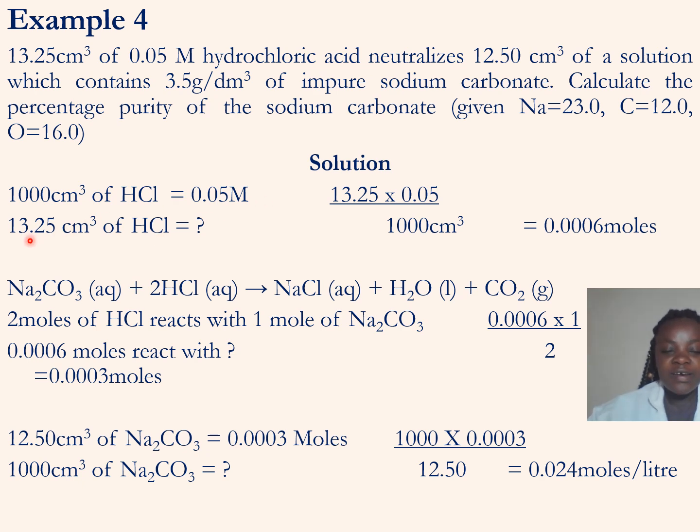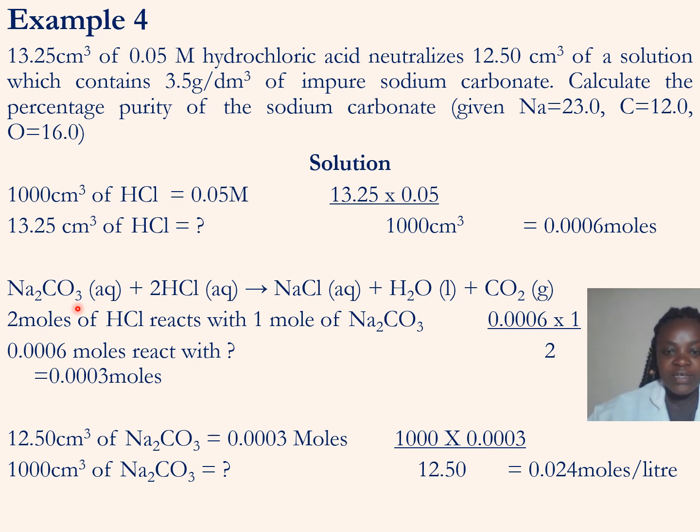Then we ask ourselves, what about 13.25 centimeters cubed of the hydrochloric acid that we are going to use? So we multiply 13.25 multiplied by 0.05, then divide by 1000, which would give us 0.0006 moles hydrochloric acid.